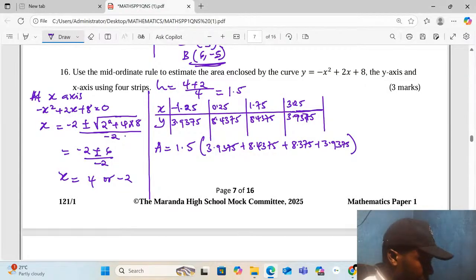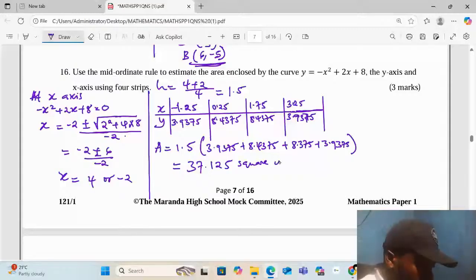So we add everything, then we multiply by 1.5. When we add and multiply by 1.5, we are going to get the estimate of our area to be 37.125, sorry, not cubic, square units.